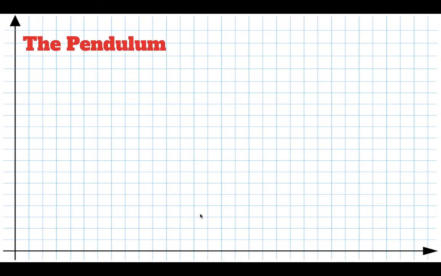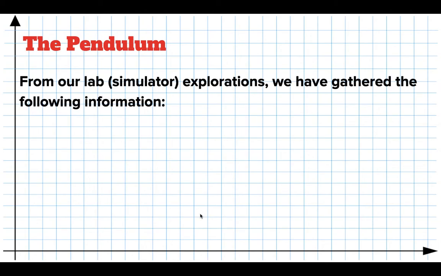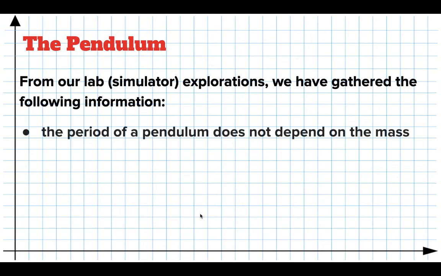So we've been studying the pendulum the last 2 days, and I think what you guys figured out from yesterday was that changing the mass didn't have any effect at all. When you change the mass, the period, the time it took to complete a cycle, always stayed the same. So the period of a pendulum doesn't depend on the mass. And you can actually check this out.